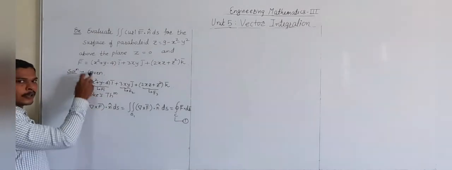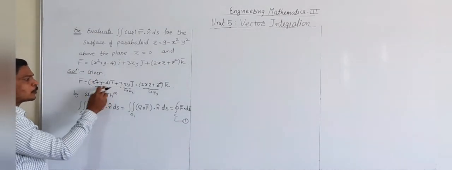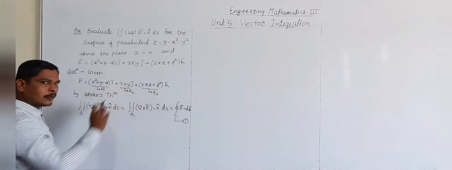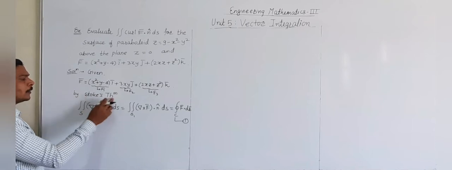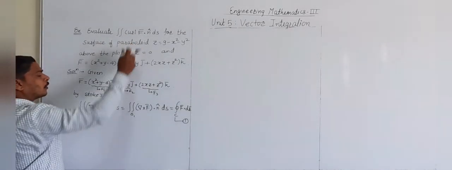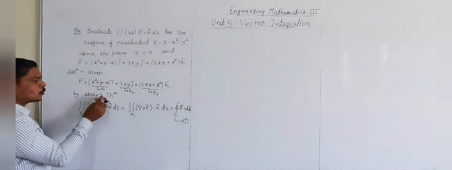So first of all, write the given f bar. In that, the coefficient of i bar is f1, the coefficient of j bar is f2, and the coefficient of k bar is f3. So write the statement of Stokes theorem, because we are given curl of f bar, that's why we are using Stokes theorem.